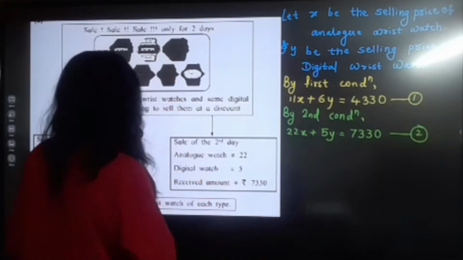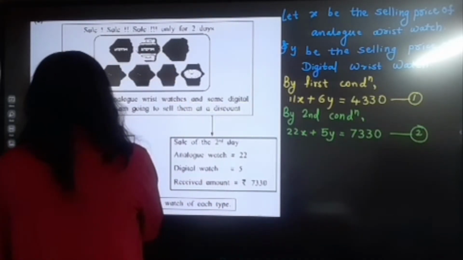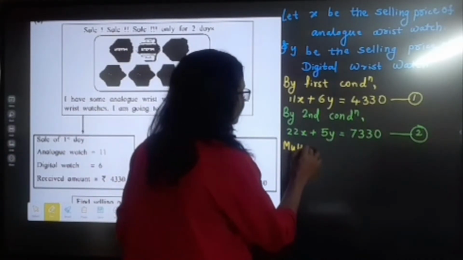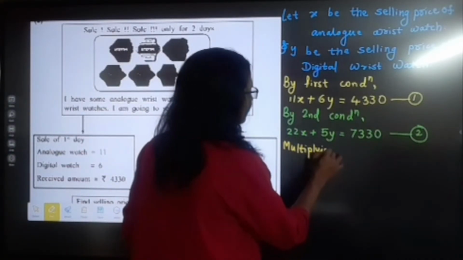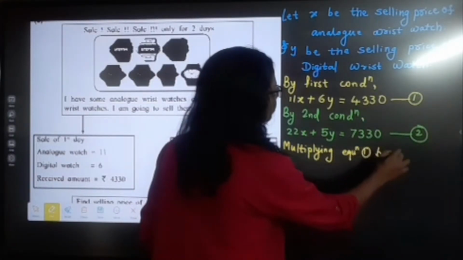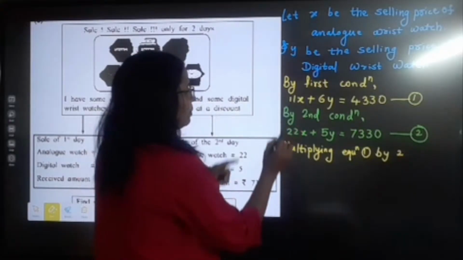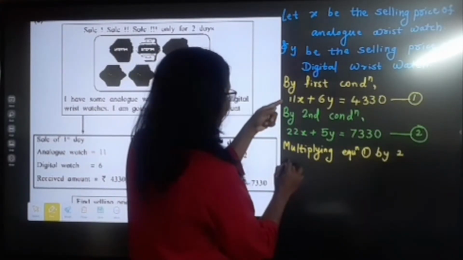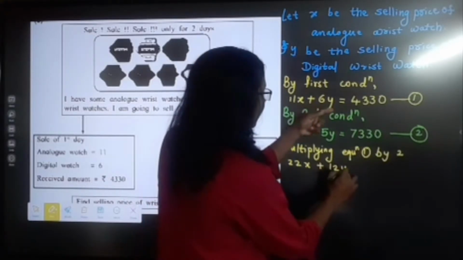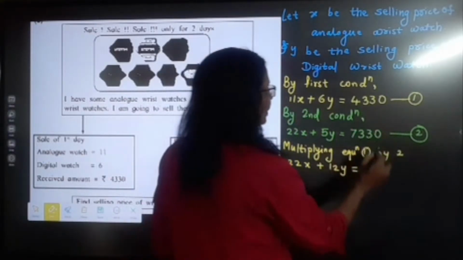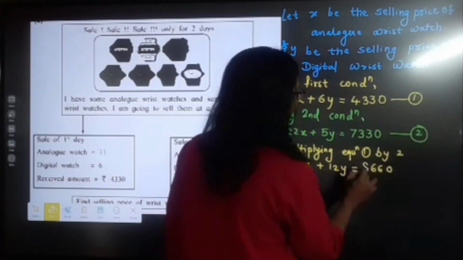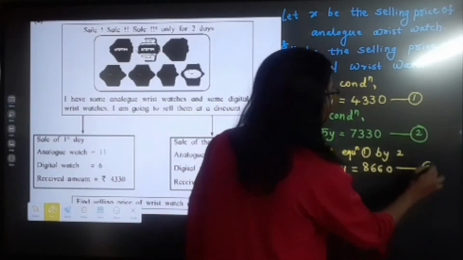So multiplying equation 1 by 2: 11 twos are 22x plus 6 twos are 12y is equal to 4,330 multiplied by 2, that is 8,660. I call it the third equation.